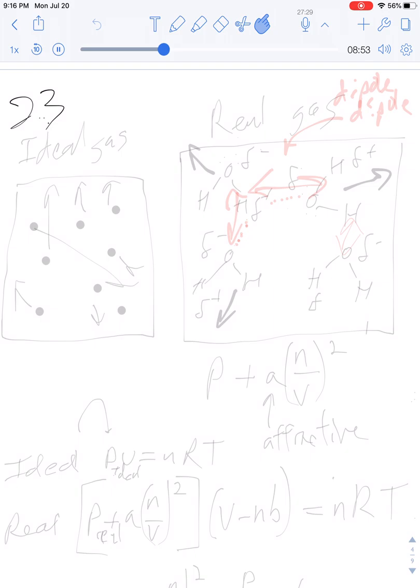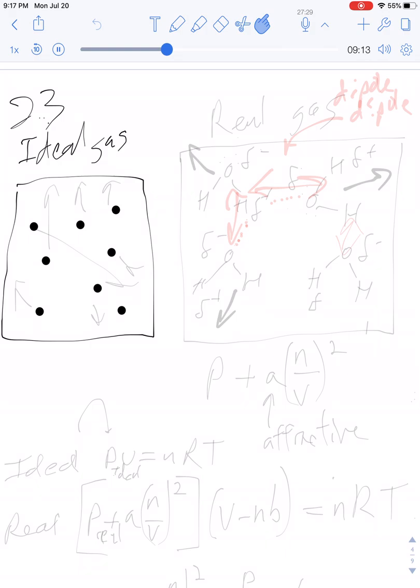So, if you have an ideal gas, you said there are no attractive forces between the gas particles.